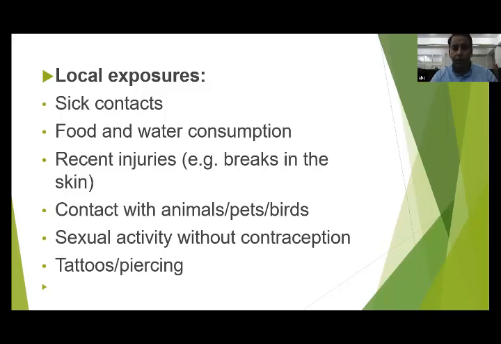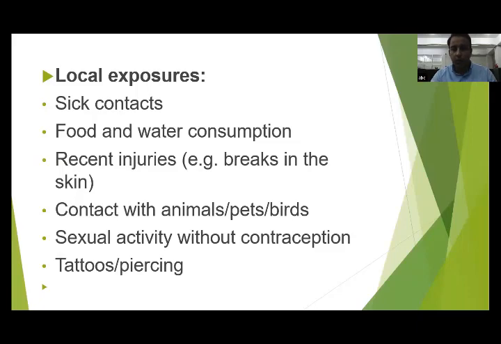In gut infections, always take a few points in the social history and history of habits: food and water. It is very important for finding the cause of gut infections.